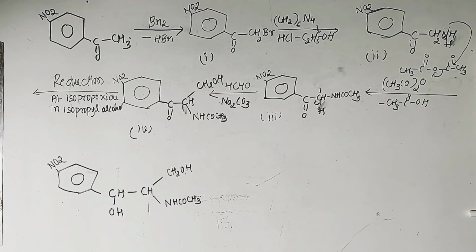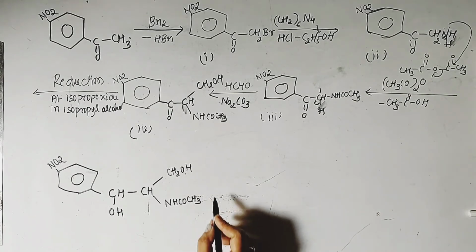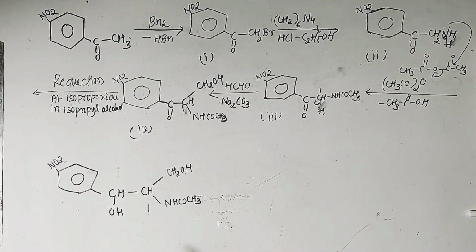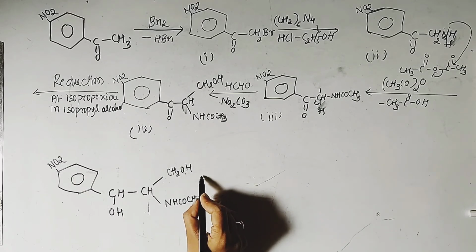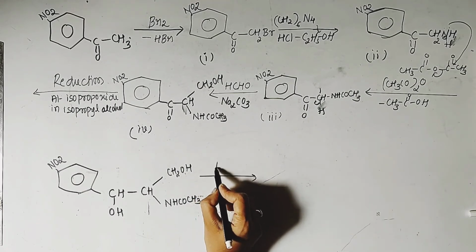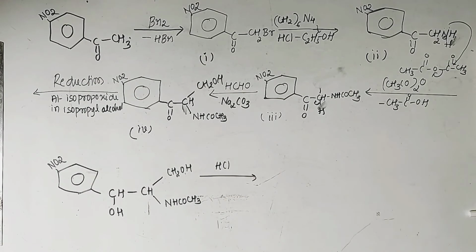So later here we need to introduce the chloro group, but we have COCH3, so directly we can't add the chlorine here. So first we will remove this COCH3 and for that we will do the hydrolysis, and the hydrolysis takes place in presence of hydrochloric acid.